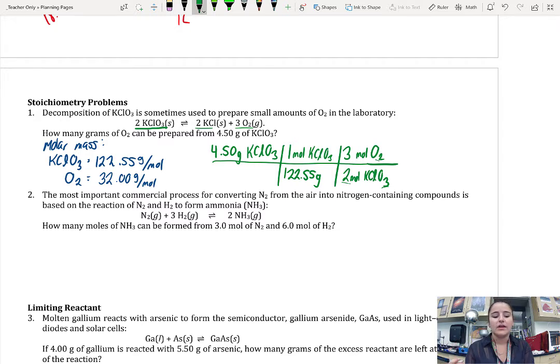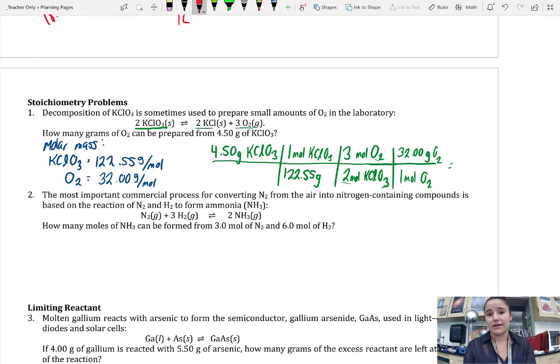It's a balanced reaction. If I solved it out right now, I would know how many moles of O2 I could prepare, but it asked for grams. So last conversion factor is just to convert it back to grams. So 1 mole of O2 is 32 grams of O2.